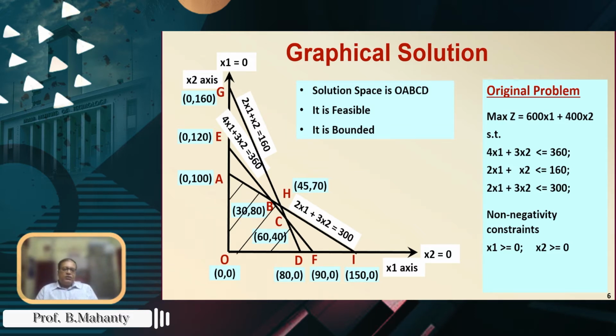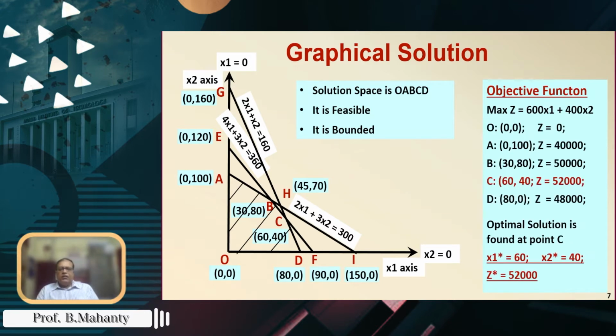The basic feasible solutions are all known, which are equivalent to the corner point feasible solutions, nothing but O, A, B, C and D. So we have to evaluate the objective function in those 5 points, and the best value of Z that is returned should be our optimal solution.